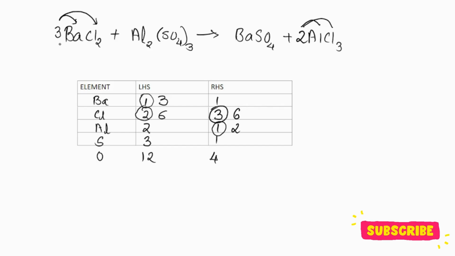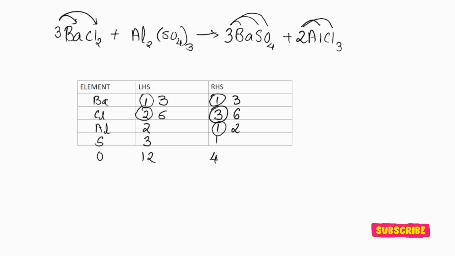Now I need to come back for barium. Here it is 3, here it is 1. So I need to put 3 in front of barium on right hand side. The moment I put 3 here, this 3 applies for all.